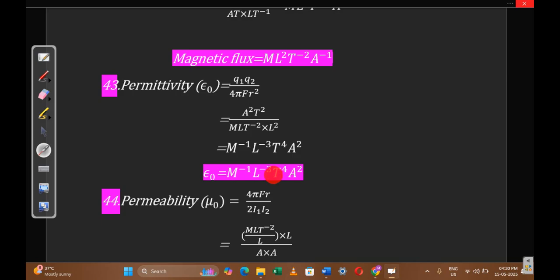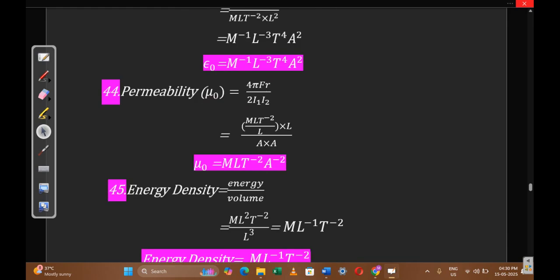Next, permeability. First of all, its formula is 4 pi F r by 2 I1 I2. Just remember one thing, we don't have any units for these numbers 2, 4, pi. They are just values, they have fixed value, so they don't have any units.